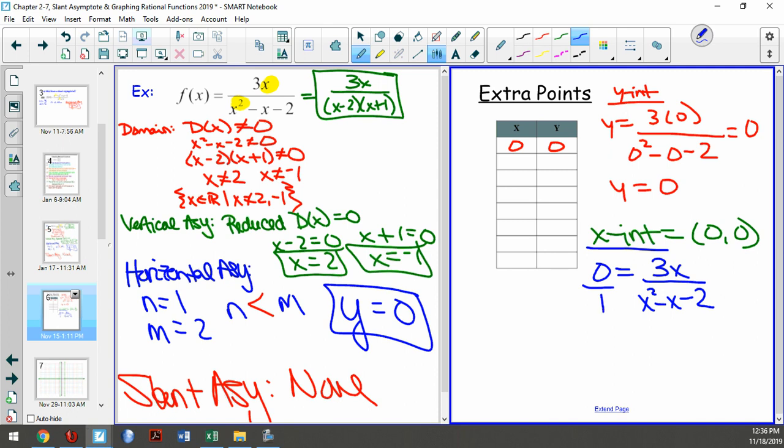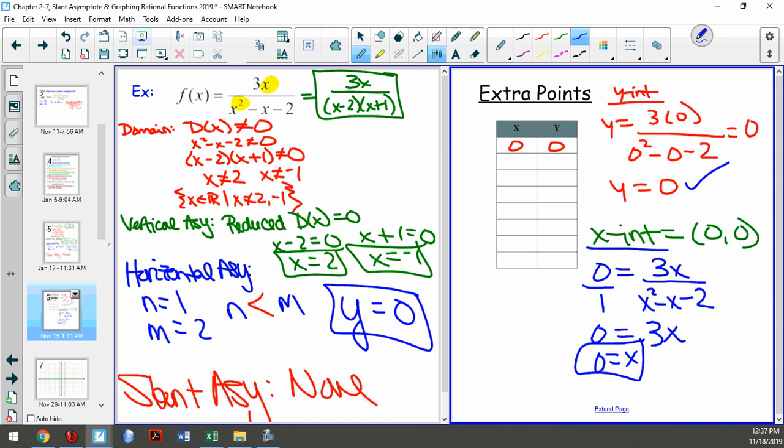If you put this over 1 and cross multiply, 0 times that denominator just turns into what? So I have 0 equals 3x. If I divide by 3, I have 0 is equal to x. So I'm proving to you that that's going to be the point 0, 0 anyway. Did you have to do that work? No. You should have automatically understood when you were right here. Does that make sense?